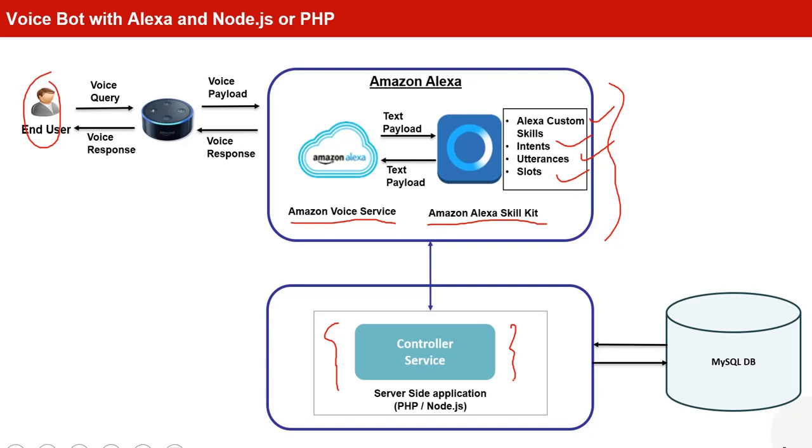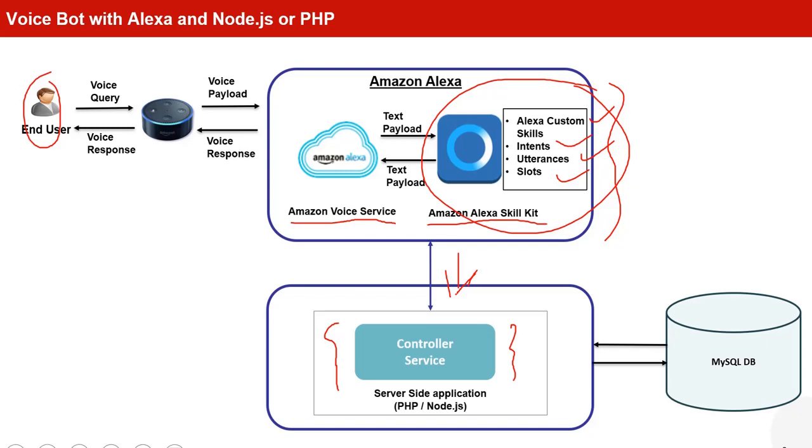It can be any database, but for our example, to store the reservation details, we'll use the MySQL database. So that's pretty much it. We'll first start with the Amazon Alexa Skills Kit: we need to design it with our intents, utterances, and slots, and then we'll come to this part. So the initial part will be designing the Alexa Skills Kit, and then we'll be doing the coding on the Node.js or the PHP side.